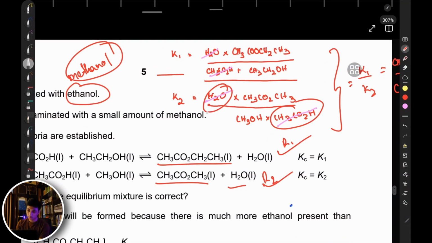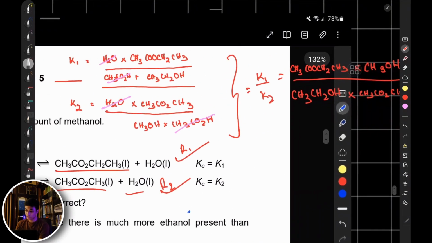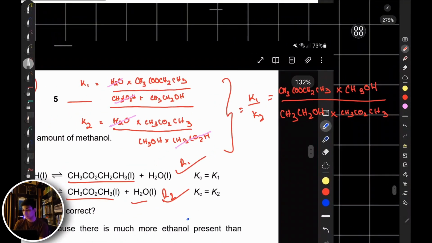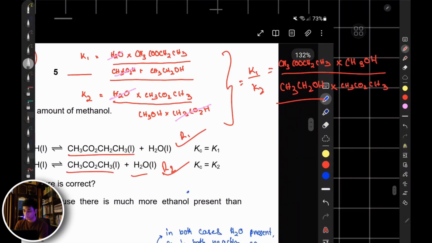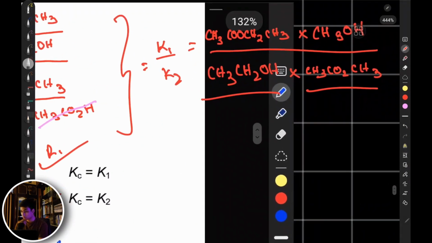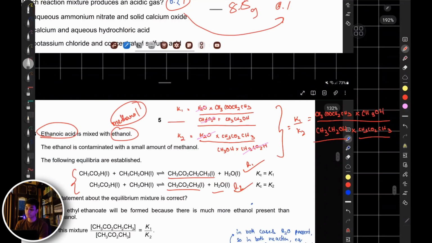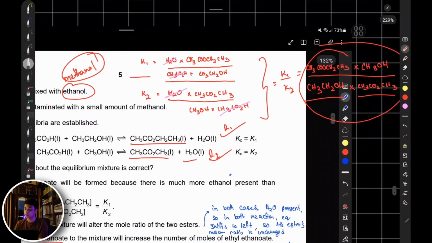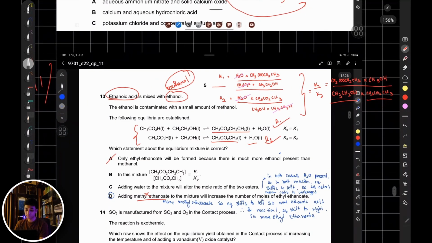So I'm left with an expression with ethyl ethanoate, methanol, ethanol and methyl ethanoate. This is the expression I'm getting when I divide K1 by K2.